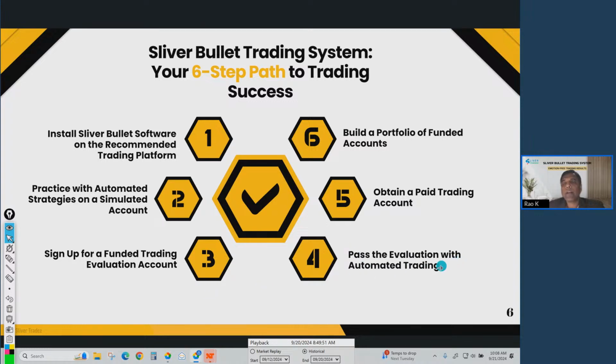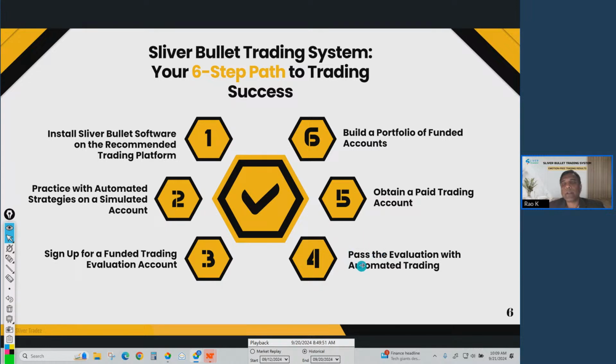And our software helps in passing the evaluation in the sense that it automates trading. It keeps you on the right side of the market most of the time. And the training that we provide helps you decide whether to go long, whether to go short, whether to sit on your hands, when not to trade, when to trade, and all that stuff.